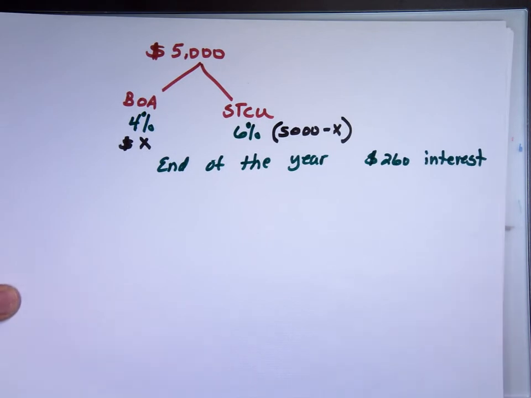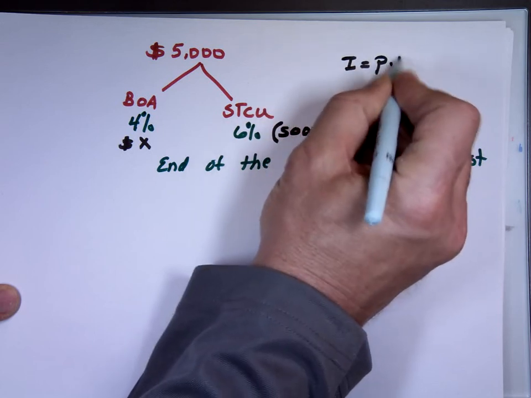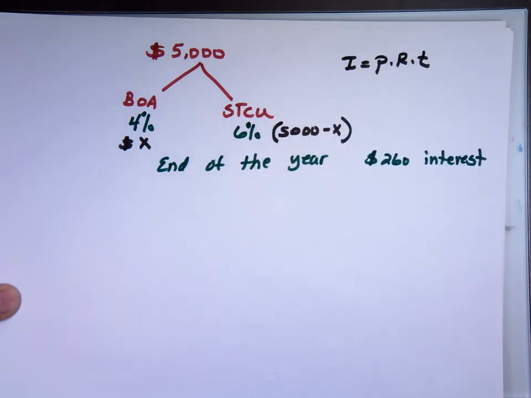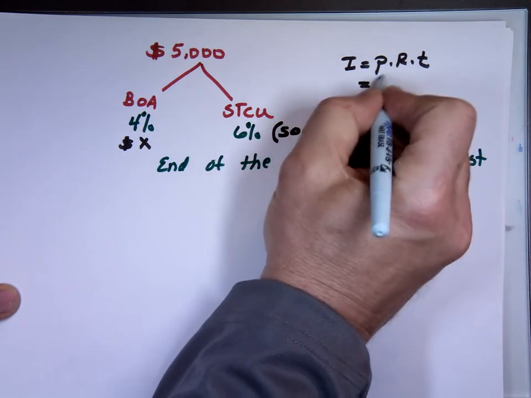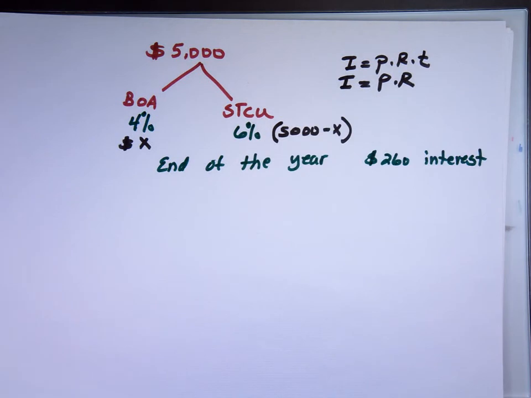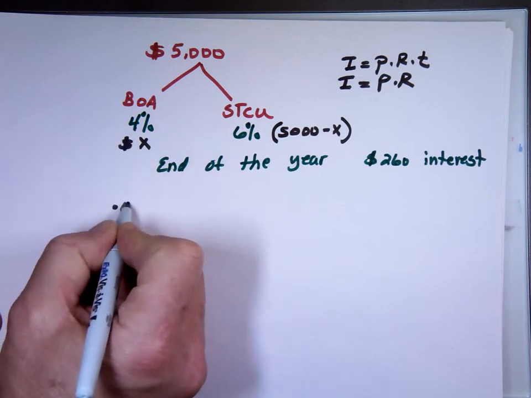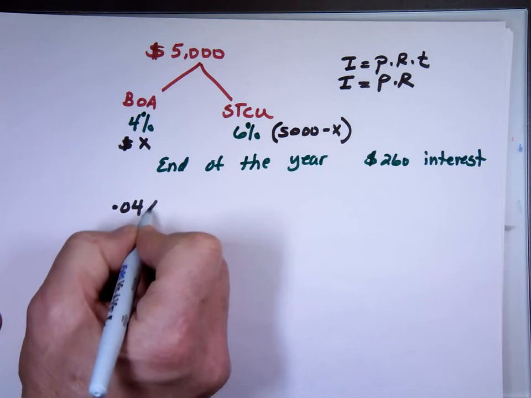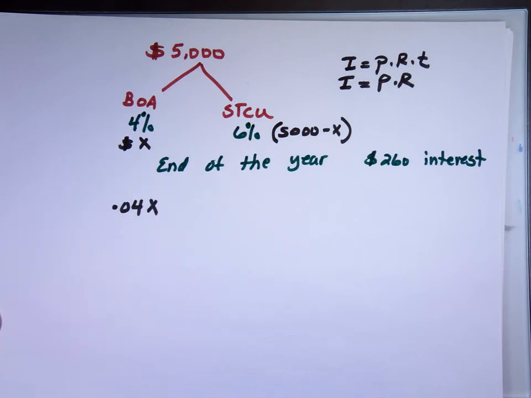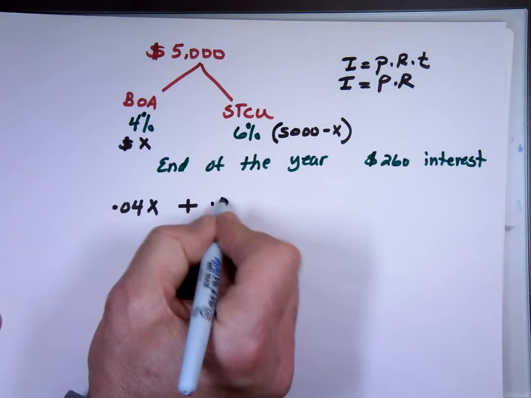Now I have to give you the equation for interest. Interest is usually principal times rate times time. Time here is 1 year, so it's not really a factor. So the interest for 1 year is principal times rate. So from Bank of America, the interest is going to be 0.04 or 4%, which is 0.04 times X. Add to it the interest from the Springfield Teacher Credit Union, which is 6%, 0.06 times the amount.